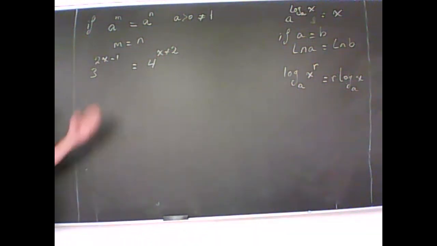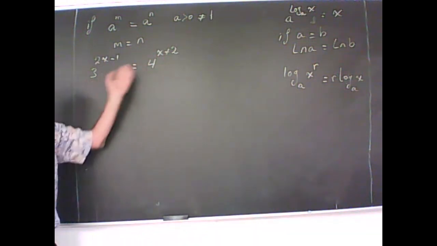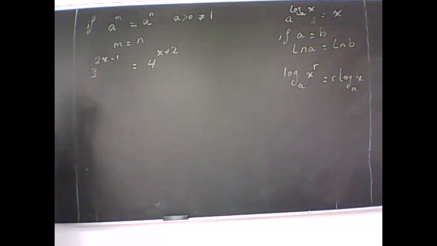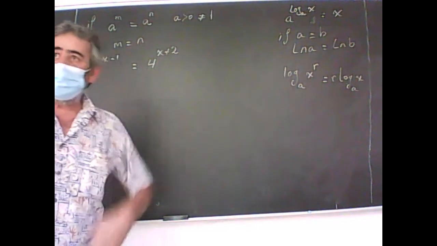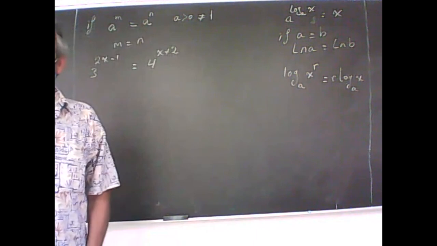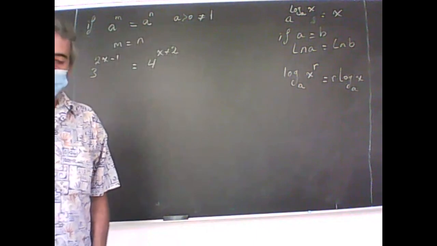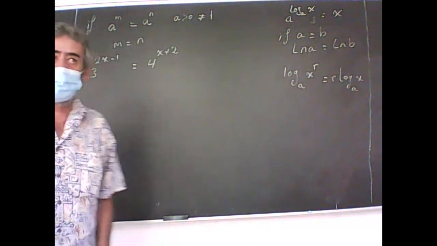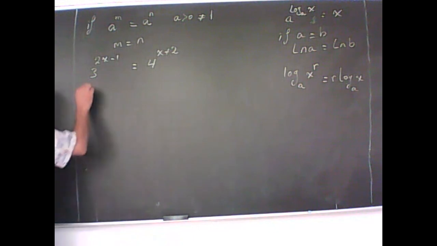Same thing. We have an exponential term with a variable. To bring the variable down, we introduce log. Yes? We can say then ln. I'm going to use ln this time.